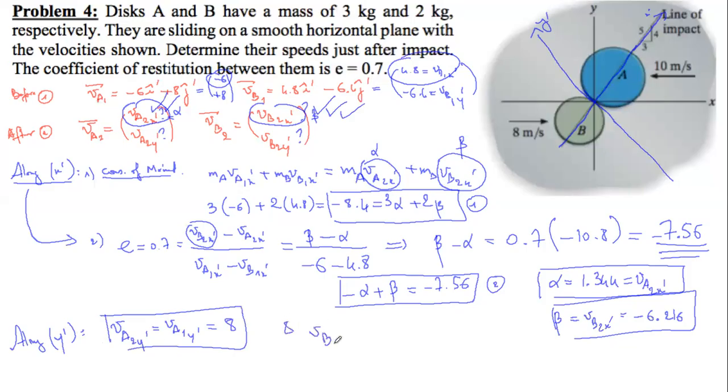And VB2 y prime will be VB1 y prime, which is equal to minus 6.4. I have solved my problem. I know everything now.